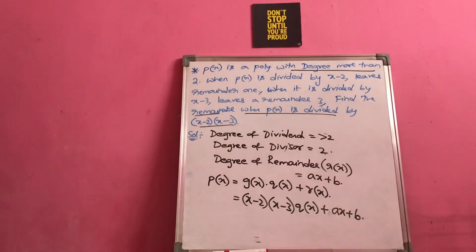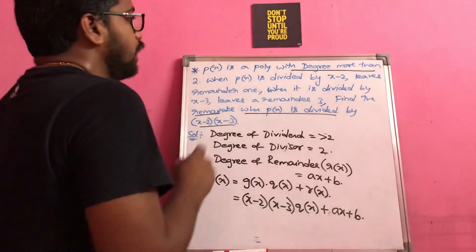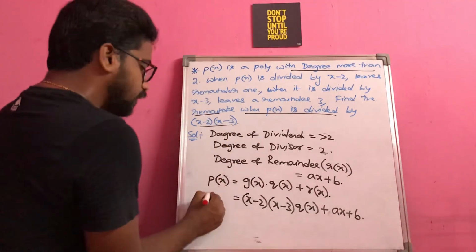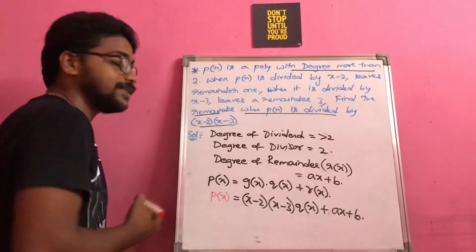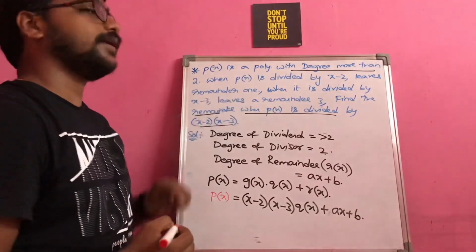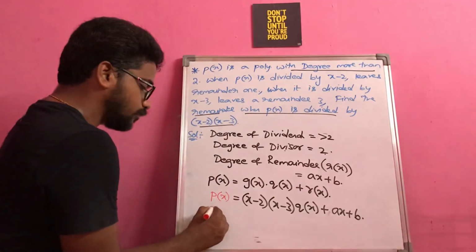Now see, try to understand the other conditions they have given in the question. That is, p of x, when divided by x minus 2, leaves a remainder 1. So that means in this polynomial, if I substitute x with 2, I get the remainder 1. So let me substitute x with 2.